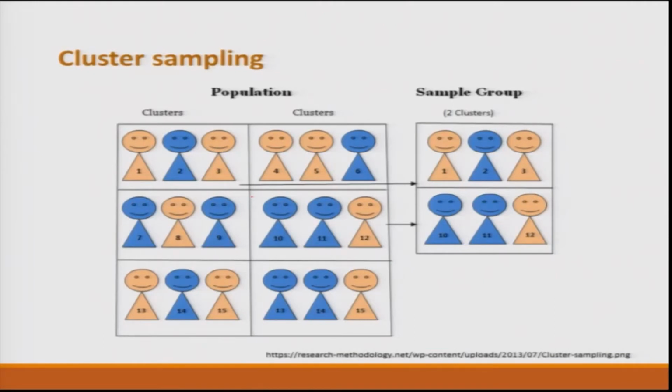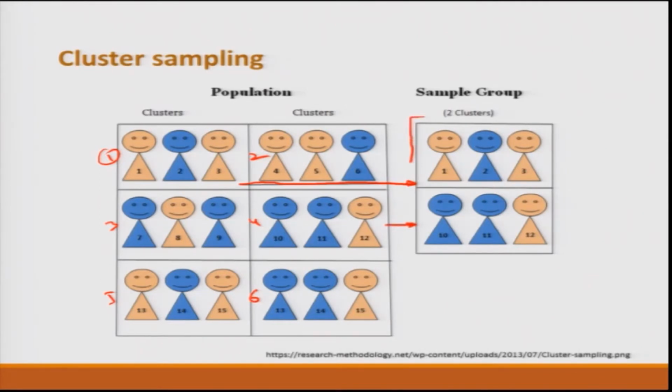These are the clusters. We have 1, 2, 3, 4, 5 and 6 clusters. The sample total is 15. Out of these 6 clusters, 2 clusters are selected: cluster 1 is selected, and cluster number 4 is selected.